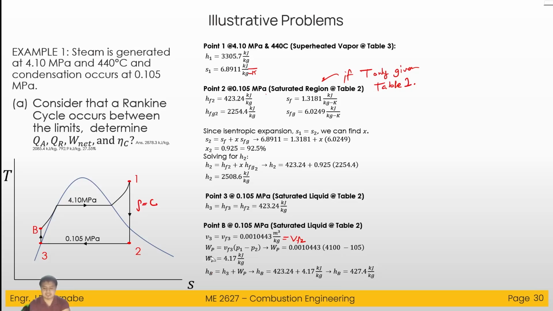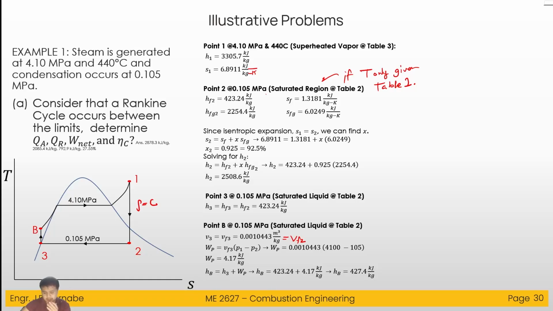Okay, now after finding the specific volume, sometimes if the specific volume is not given, you can just say 0.001 meter cube per kilogram. If it is not given or there is no way to find the specific volume, there are some cases like that.